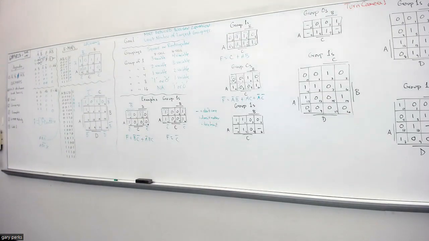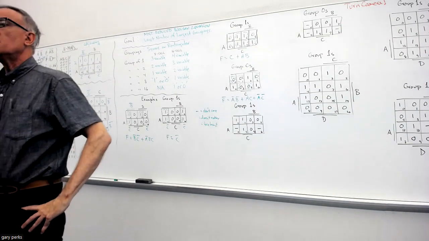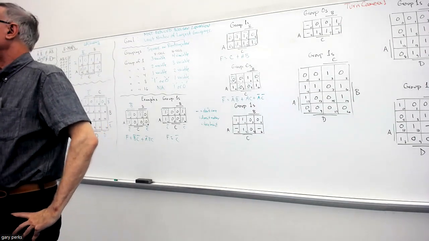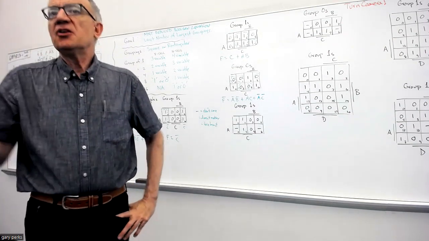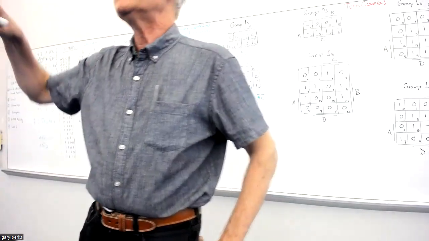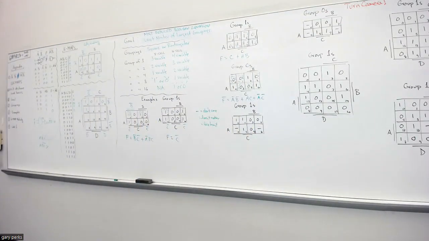Sometimes, and you'll see in this class that we have at least one design where we have an output that we don't connect anything to because we're not using it. A lot of times you'll have devices that have more than one output, and for whatever reason, you're not using all the outputs. So if you're not using an output, that's a don't care.